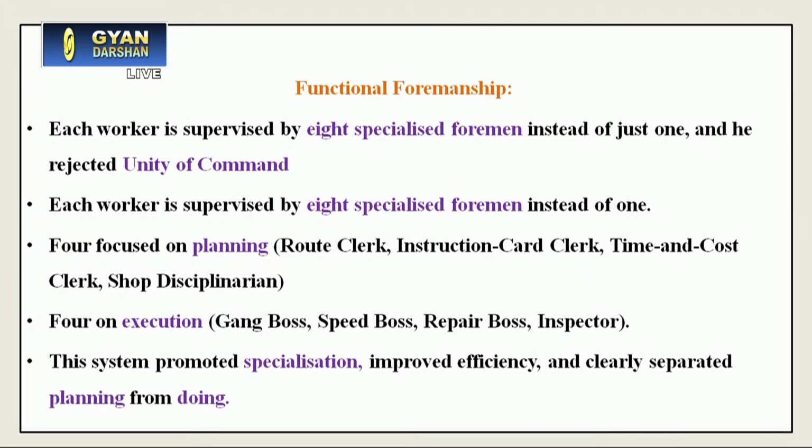So in functional foremanship, he mentioned 8 bosses. Each worker has 8 functional bosses, who support and strengthen the progress towards specialization and the separation of planning and executive processes.